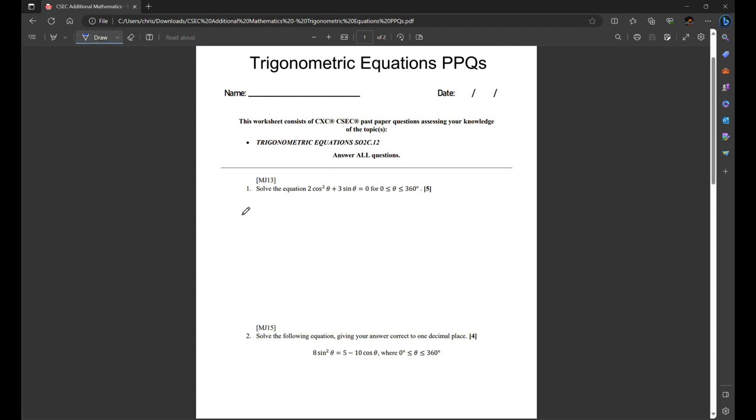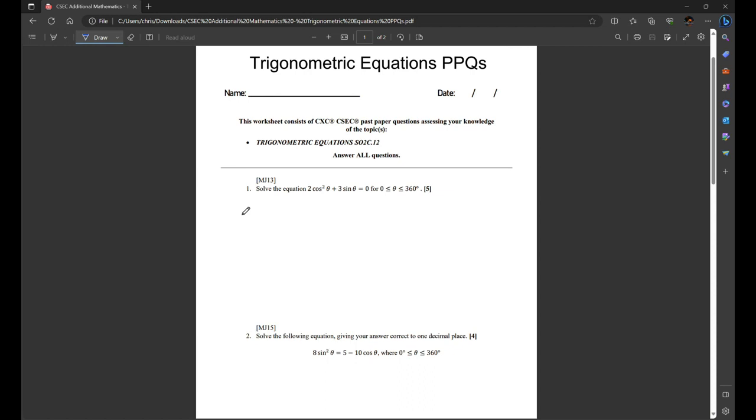As with solving any other equation, you always want to make sure that you have one variable. In this case, the equation is 2 cos squared theta plus 3 sine theta is equal to 0. We can't exactly change sine theta into cos theta, but we can change cos squared theta into sine squared theta by using the Pythagorean identity.